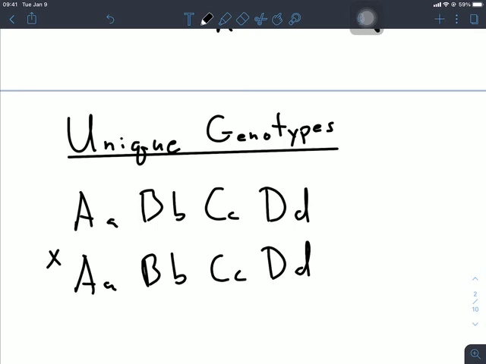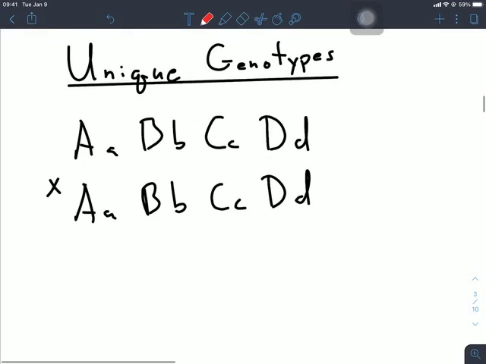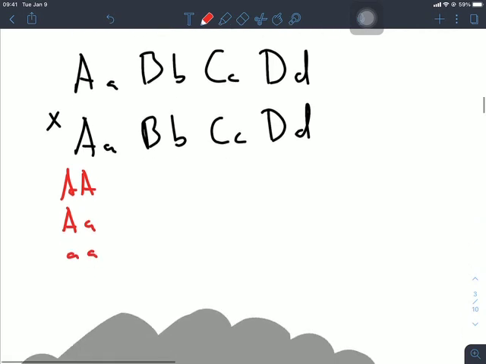Now, in this situation, this tetrahybrid cross, the number of genotypes that can be produced at each locus is either homozygous capital A, homozygous capital, heterozygous, or homozygous lowercase, meaning that there are 3 possible genotypes. The same is true for our B locus, our C locus, and our D locus.